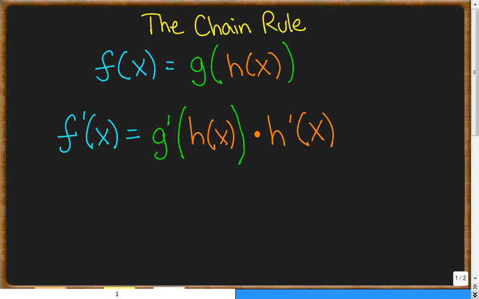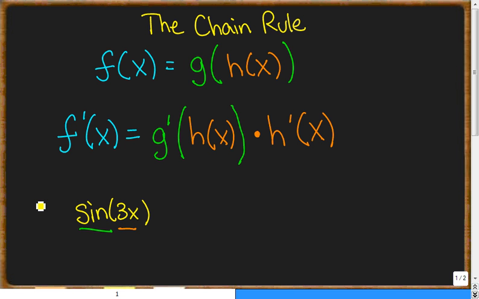So just as an example, if I had something like the sine of 3x, like I showed you before, we have an outside function, which is sine, and you have an inside function, which is 3x. So what you have to do is the derivative of sine.